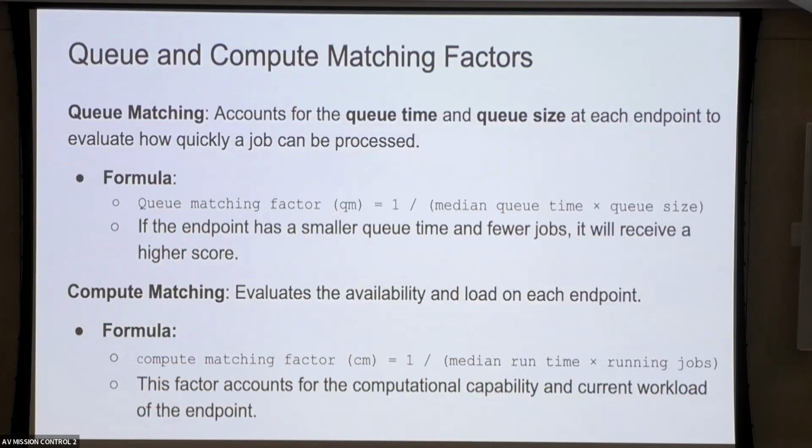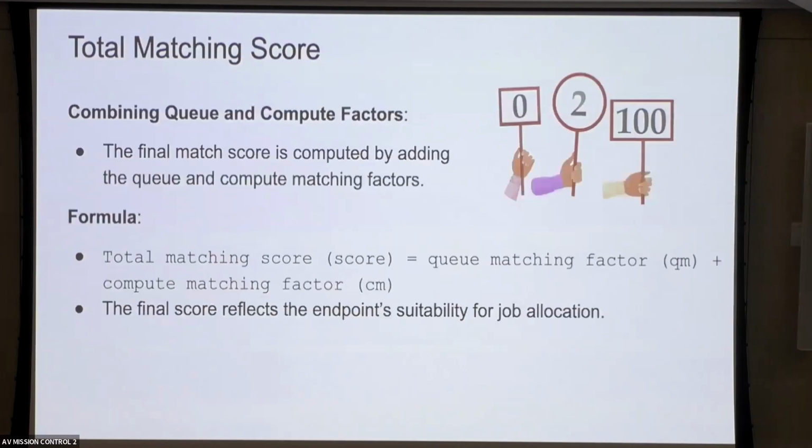For this matching score, we want to account for the queue size. So this is the queue matching factor, which is the median queue time times the queue size. And then the compute matching factor, which is the same for the running jobs, and then we just combine them really easily. And that is our total matching score of destination to specific job.